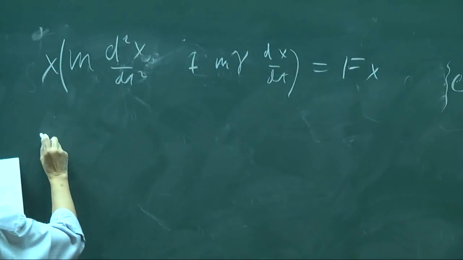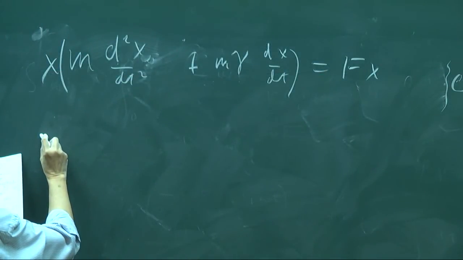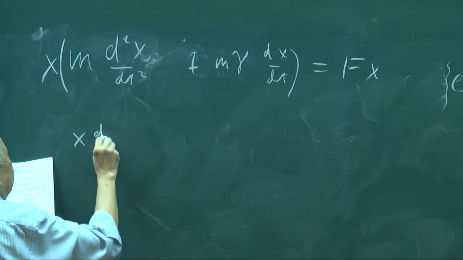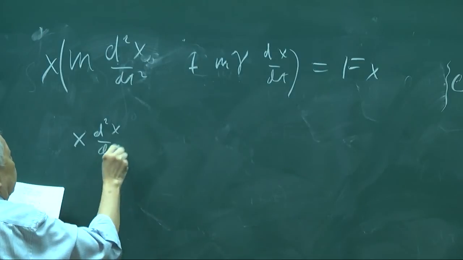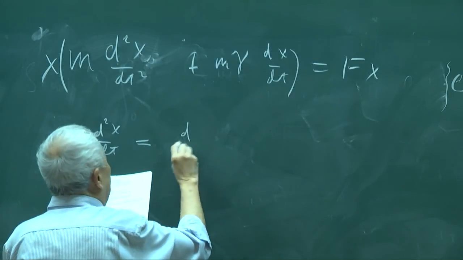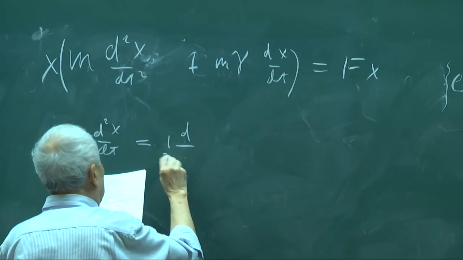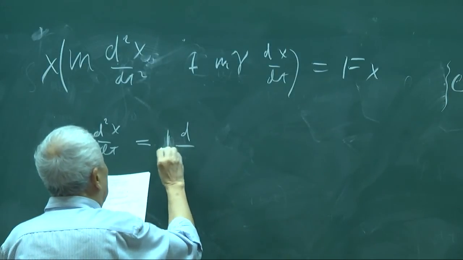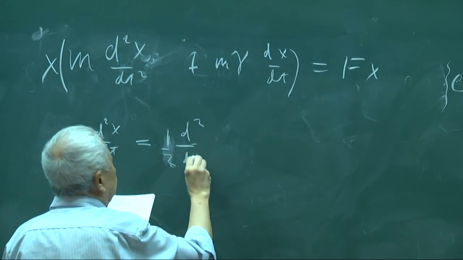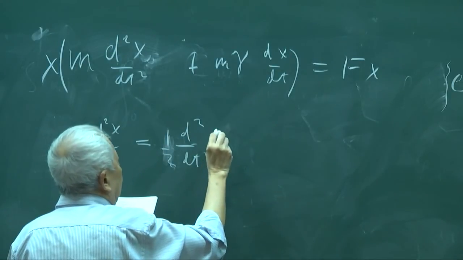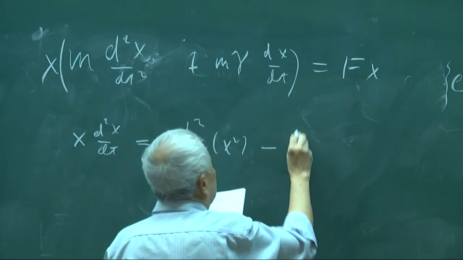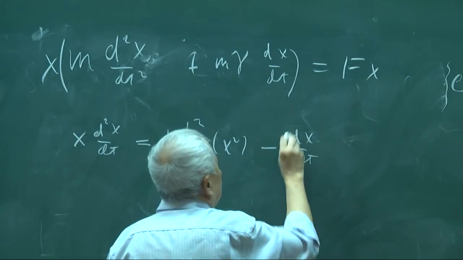That is m times x d2x/dt squared. We have this term. This is equal to 1/2 the second derivative of x squared minus (dx/dt) squared.